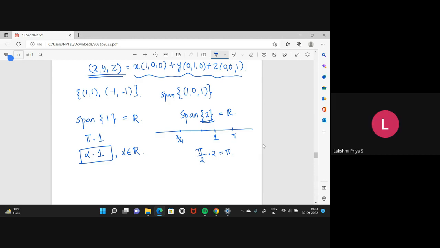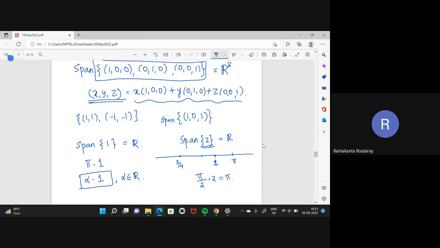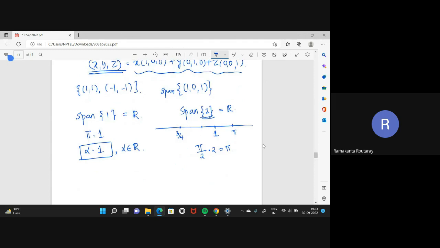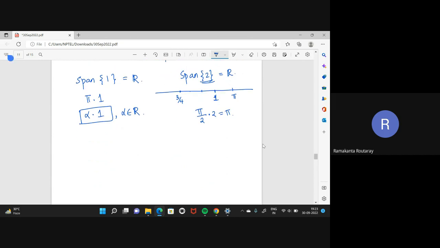Yes, ma'am, that vector you said now, if it is having a different direction, it will belong to the R2 space. Like (1, 1) and let us say (-2, 3). The first vector is not a scalar multiple of the other.